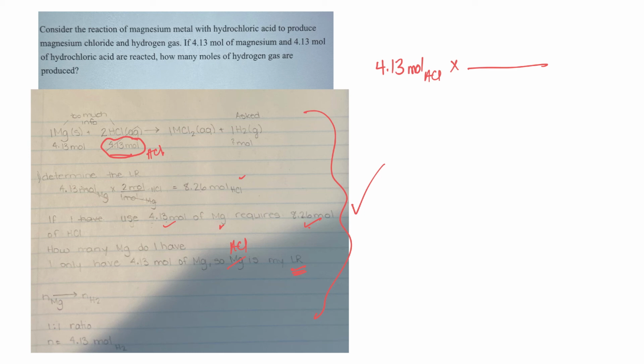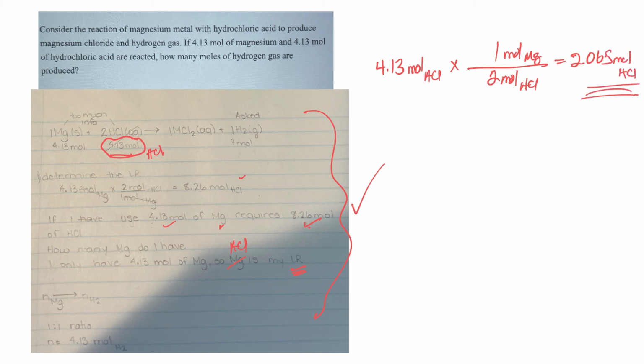This is the same as the last one. So 4.13 moles of HCl, so 2 moles HCl react with 1 mole of magnesium. So 4.13 divided by 2, 2.065. So 2.065 moles of magnesium.